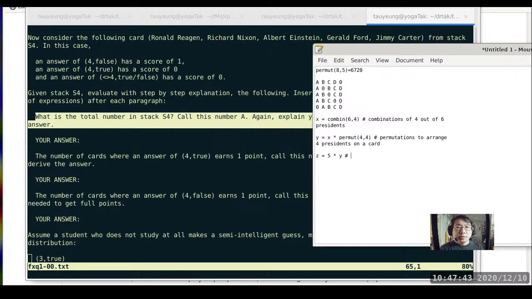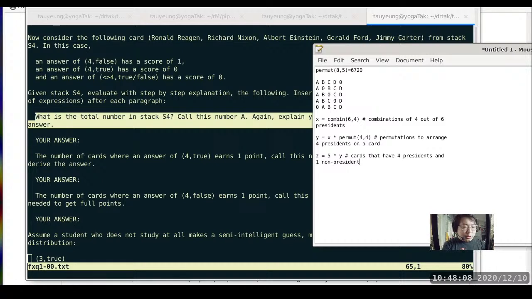So Z is now counting the number of cards that have 4 presidents and 1 non-president. Okay, because there are 5 places where the non-president can go on that particular card.